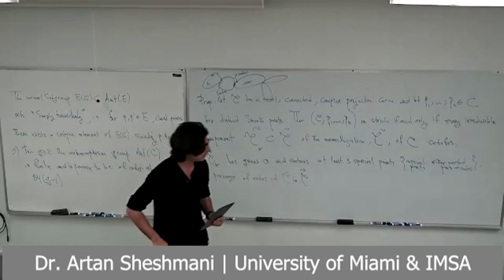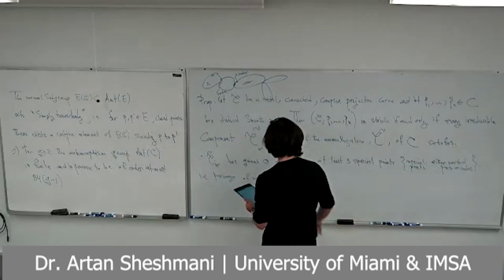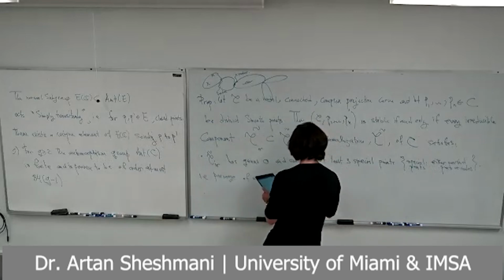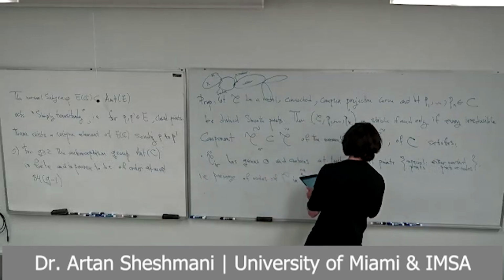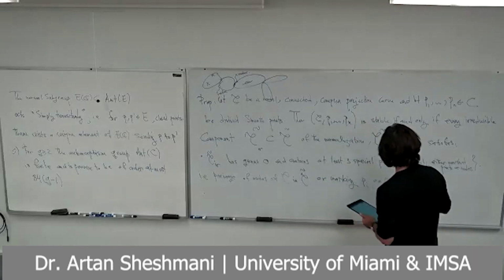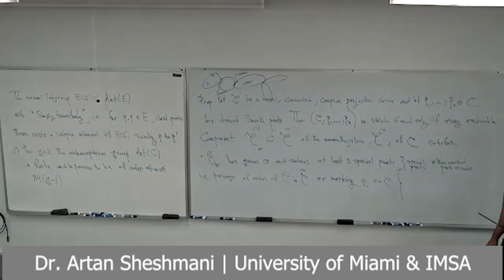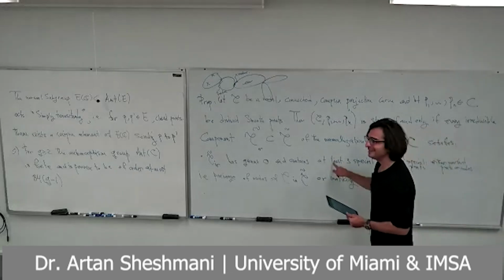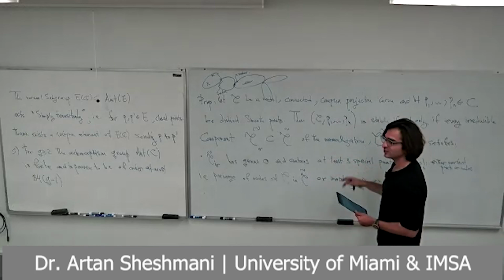Okay. All right. So the preimage of the nodes in here. If it has genus 0, it contains at least 3 points, i.e. preimage of nodes of C in the normalization, or markings on C. That's what it is. So if it is genus 0, the genus 0 part of the normalization needs to have at least 3 special points.